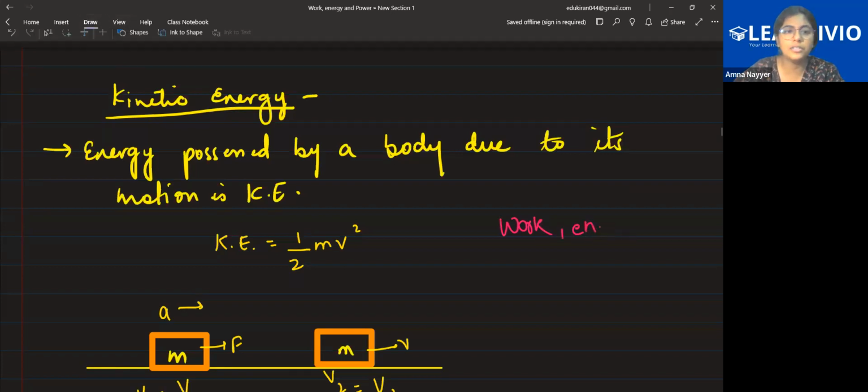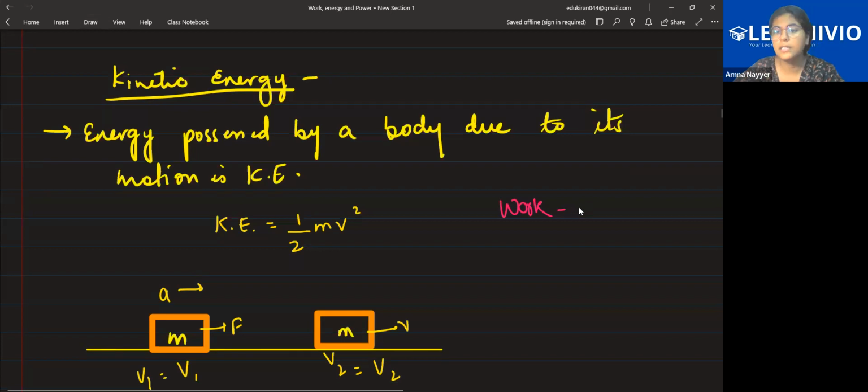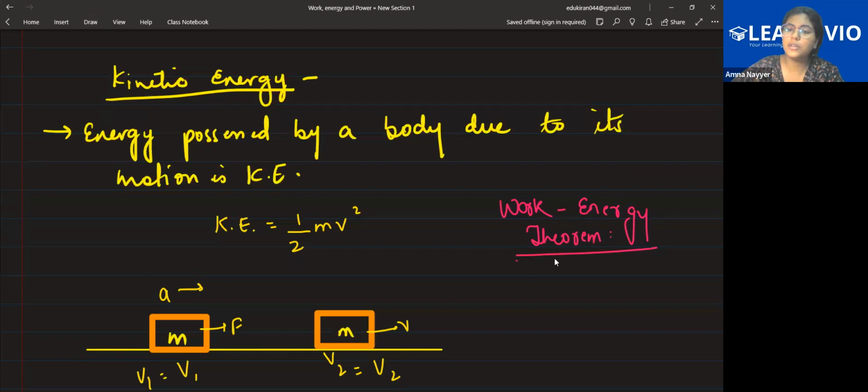The work energy theorem basically says that whatever is the work done, that is force into displacement, gets stored in the form of kinetic energy.